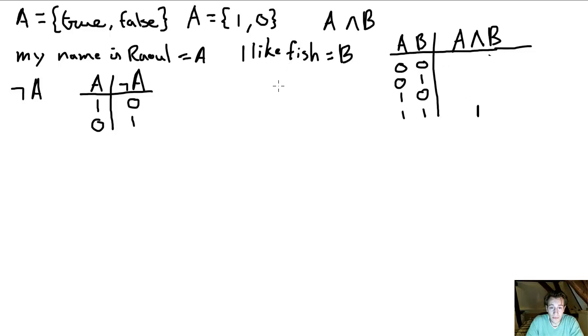If my name isn't Raoul and I don't like fish, then it's false. That's the top one. If my name isn't Raoul, but I do like fish, the statement is still false. And the other way around, if my name is Raoul, but I don't like fish, then the statement is still false. Well, that's a nice definition, isn't it? So, you can make this truth table with an AND.